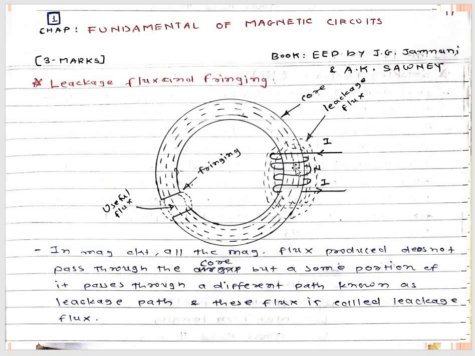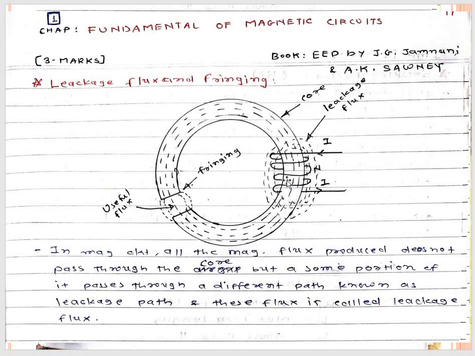Due to this, magnetic flux will pass through this core like this. These three dotted lines are for the magnetic flux flowing through this core, and this is the air gap flux.